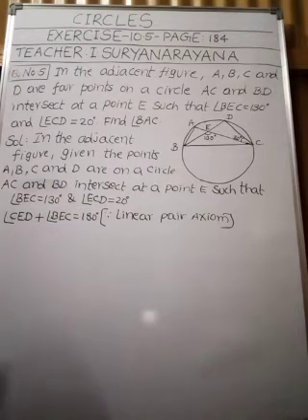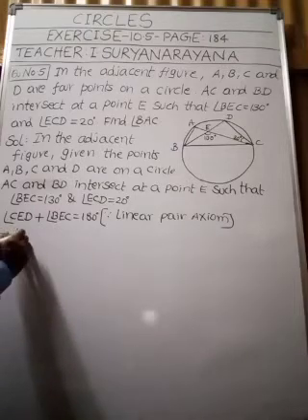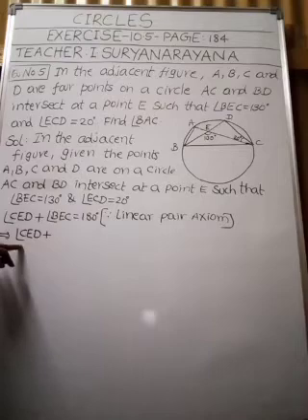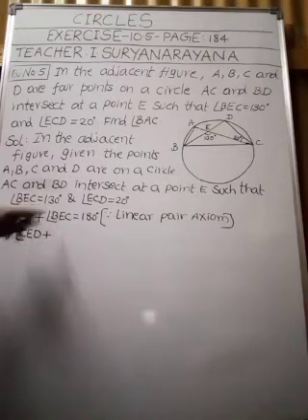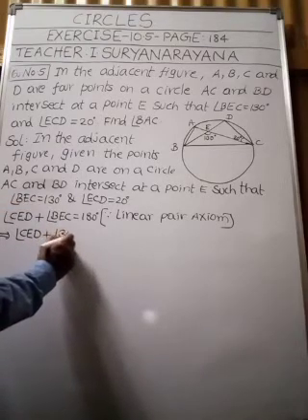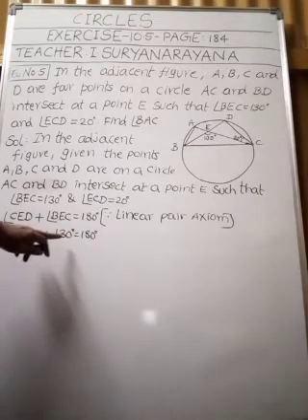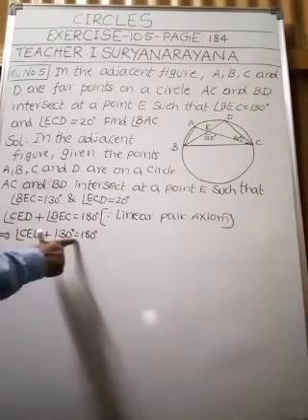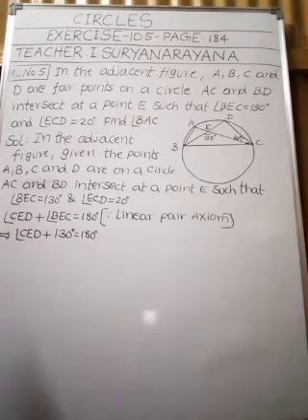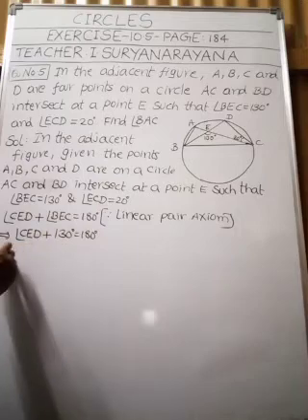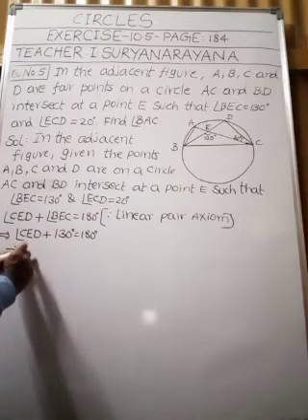Right. This implies angle CED. We don't know the measurement of angle CED, but angle BEC, what is the measurement of angle BEC? 130 degrees, plus angle CED is equal to 180 degrees. Understood this step, my children? Right. From this equation, we find angle CED by transposing 130 degrees to RHS. Then it becomes minus 130.